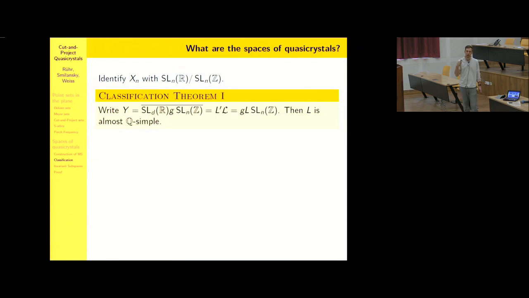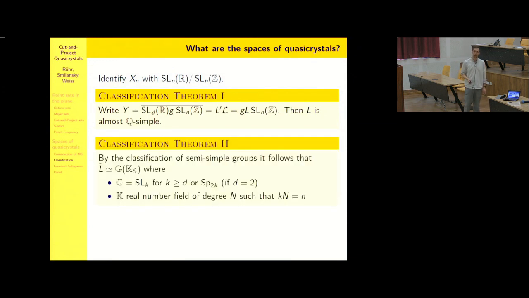Once you have that, you can apply some classification theorem to say that if you pass to the simply connected cover, it has to be some restriction of scalars construction. And since we know that this L prime contains this SL_d(R), there are just two possible cases.